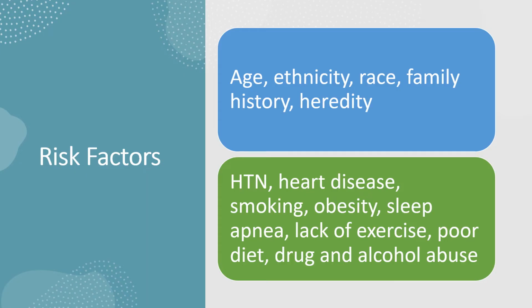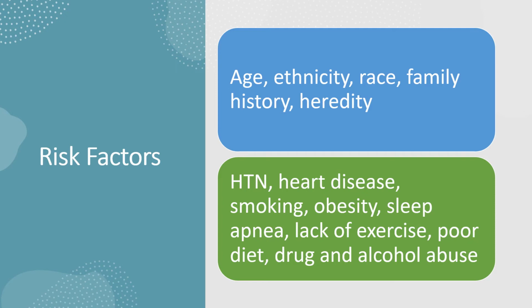This will look familiar to you as well, and we did talk about this when we covered coronary artery disease and peripheral vascular disease. Those are risk factors. Remember age, ethnicity, race, family history, and heredity. Can we change those? We cannot, so those are known as non-modifiable risk factors.